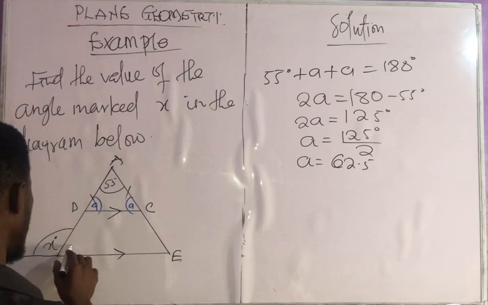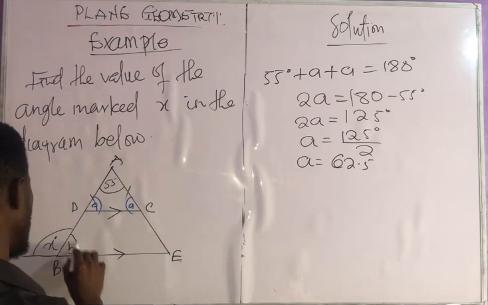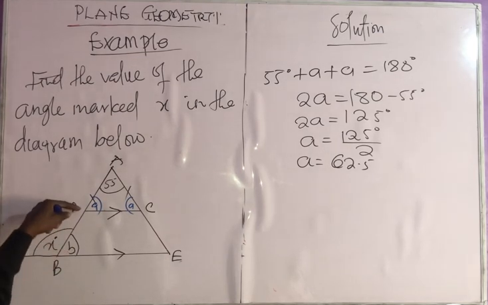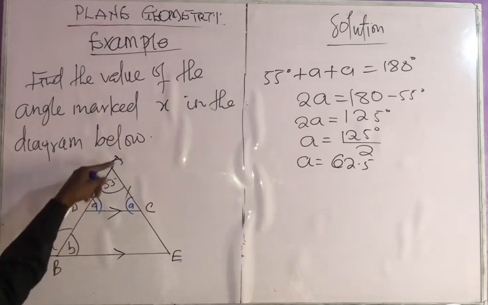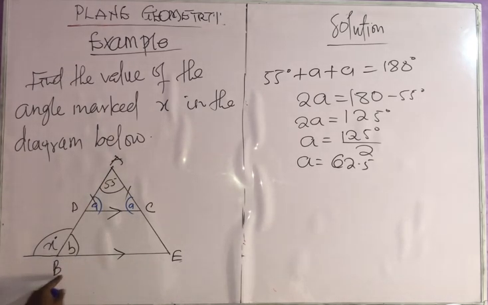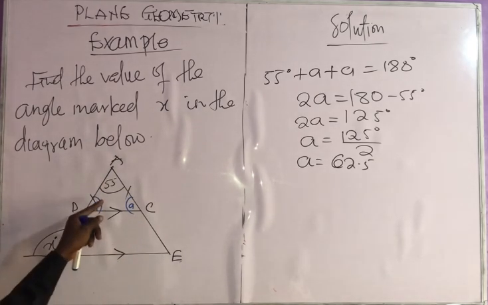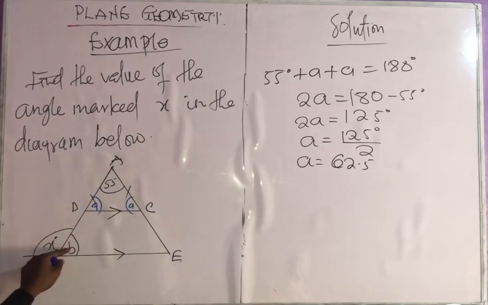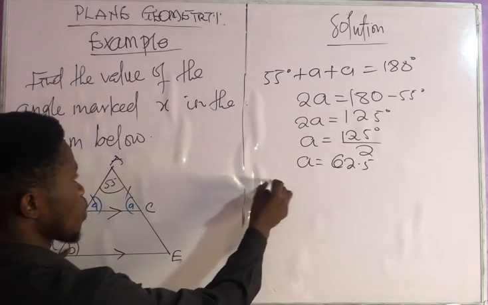Now let's say that this angle here is B. Now there's a property. Since line AB is a transverse line, and BE and DC are parallel lines, then we can say that A and B are equal. What property is that?